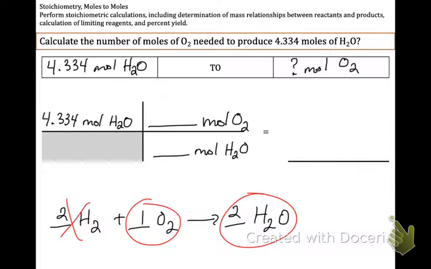And then this spot here, those 2 numbers, that's where we put in our coefficients. So there are 2 water for every 1 oxygen. There's 2 moles of water for every 1 mole of oxygen. And then at this point, you would multiply across the top, so 4.334 times 1 divided by 2.